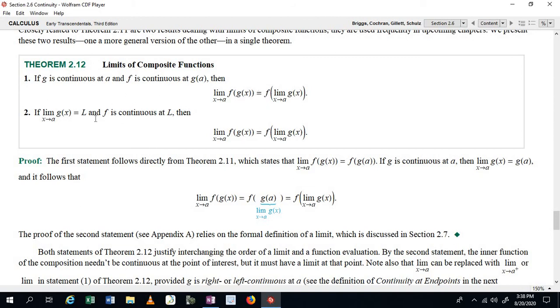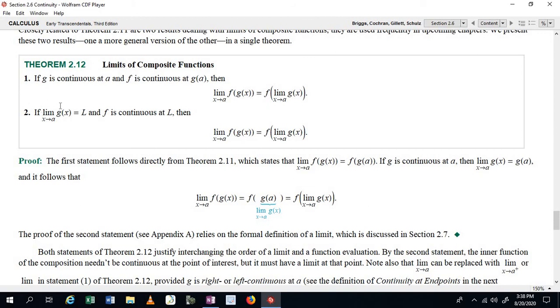The conditions are different though. Notice up here, g needs to be continuous at a, but down here, we only need the limit of g of x as x approaches a to be equal to a number L. Now remember, if g is continuous at a, then the limit of g of x as x approaches a is actually g evaluated at a.